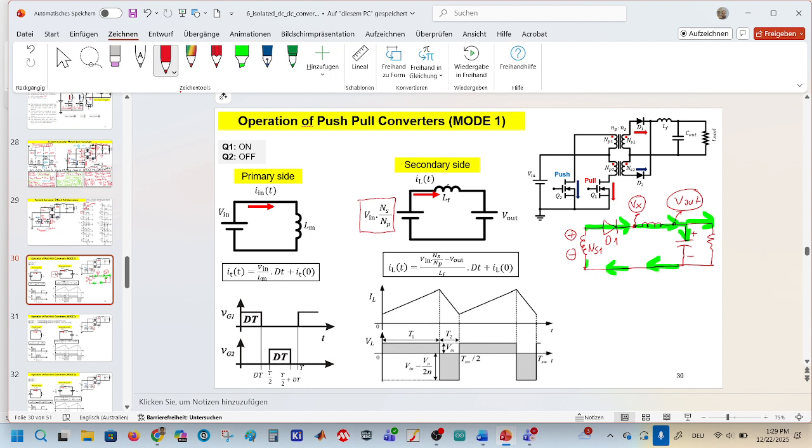So on the secondary side, V of NS1 is equal to V of NS2 and is equal to the input voltage times N.